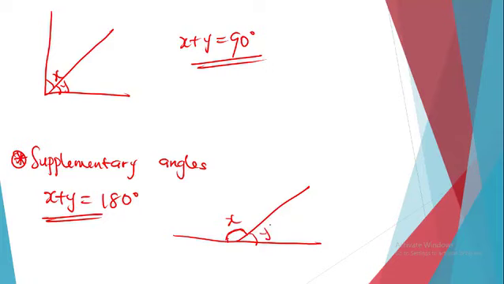Remember, angle on a straight line is equal to 180. So x plus y is equal to 180, and therefore they are called supplementary angles. Supplementary angles are those angles that sum up to 180 degrees.